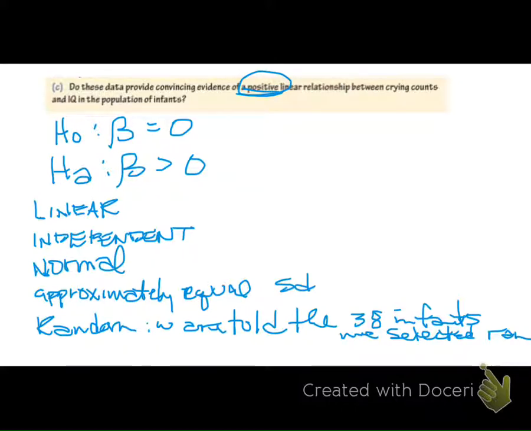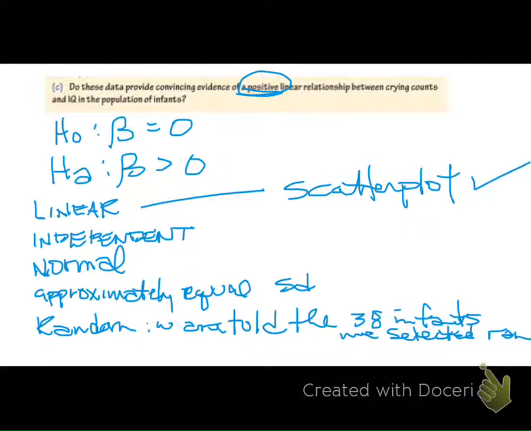Now, these other parts, the linear part, the independent part, the normal part, and the approximately equal standard deviation parts, certainly the linear, normal, and approximately equal standard deviations, we're going to use graphs to show those. For the linearity, we're going to look at a scatter plot. You'll recall on the previous page that the scatter plot was given to us, and we interpreted it as being a weak positive linear relationship between cry counts and IQ.